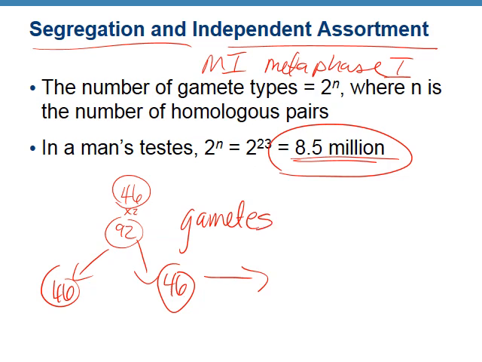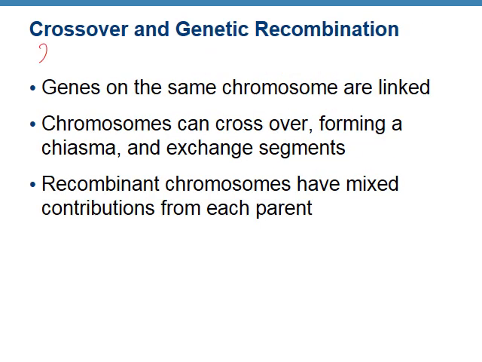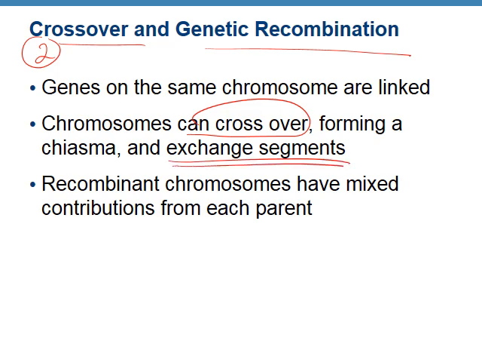So you're passing on genes from your parents to your offspring. And we have about 8.5 million different combinations because they do not line up in a specific order during metaphase 1. The second event that happens is the crossover in genetic recombination. So remember that we have those homologous pairs and that they can cross over and exchange segments.